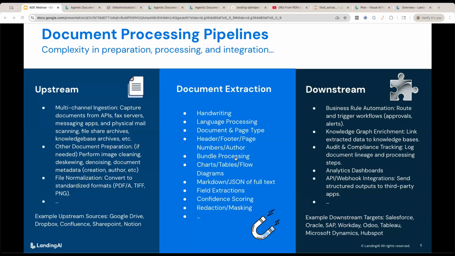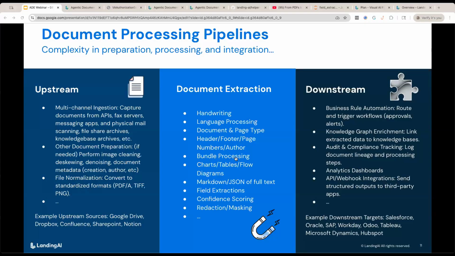Do we need to do any document cleansing? A lot of times the technology is more advanced today, and we see with our own capability that you don't need to do necessarily denoising or image cleaning. But you do also want to think about the metadata that is associated with that document, and how you are preserving it as it goes through these pipelines.